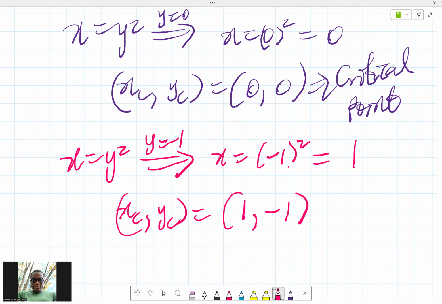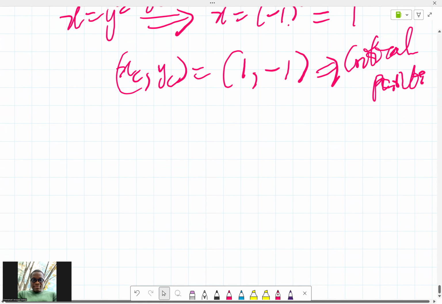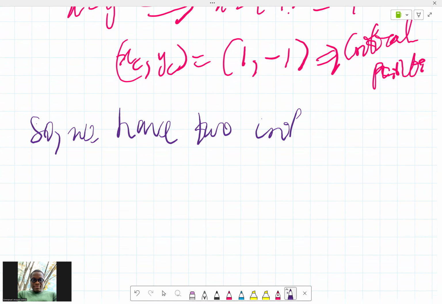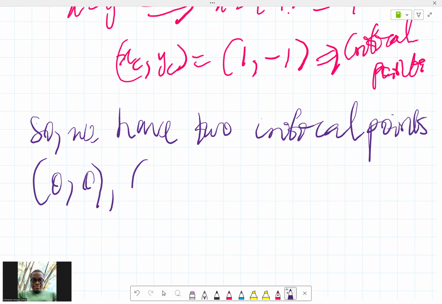So we have two critical points: 0, 0 and 1, minus 1.